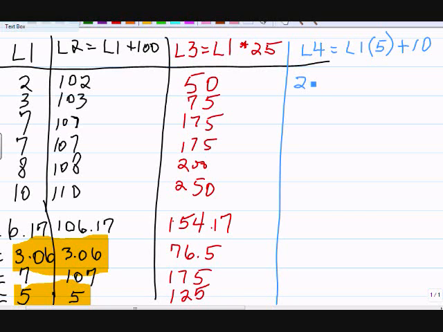This is what my calculator is doing for me. 3 times 5 is 15, plus 10 is 25. And so forth and so on. So we get 45, 8 times 5 is 50, and 60.